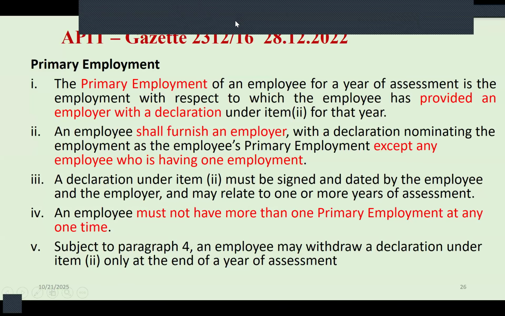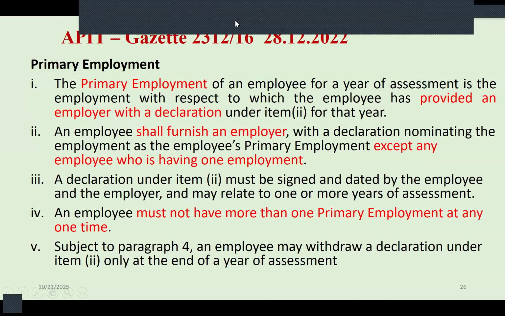So it has been given under subsection 2 of section 5. Section 5 is for employment income. So it has three subsections, subsection 1, 2, and 3. Subsection 1 explains the employment income. Then subsection 2 explains the items that we have to include when we are calculating accessible income from employment.